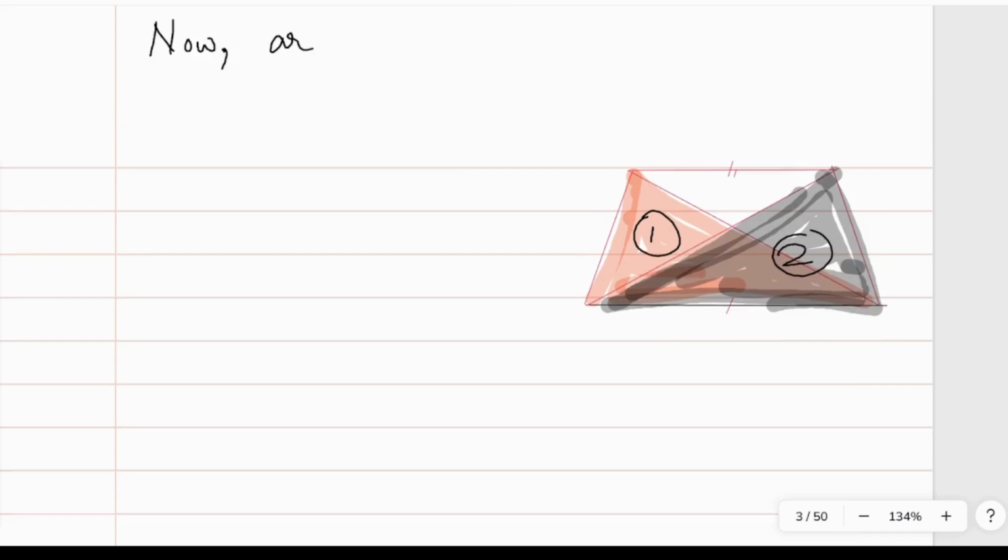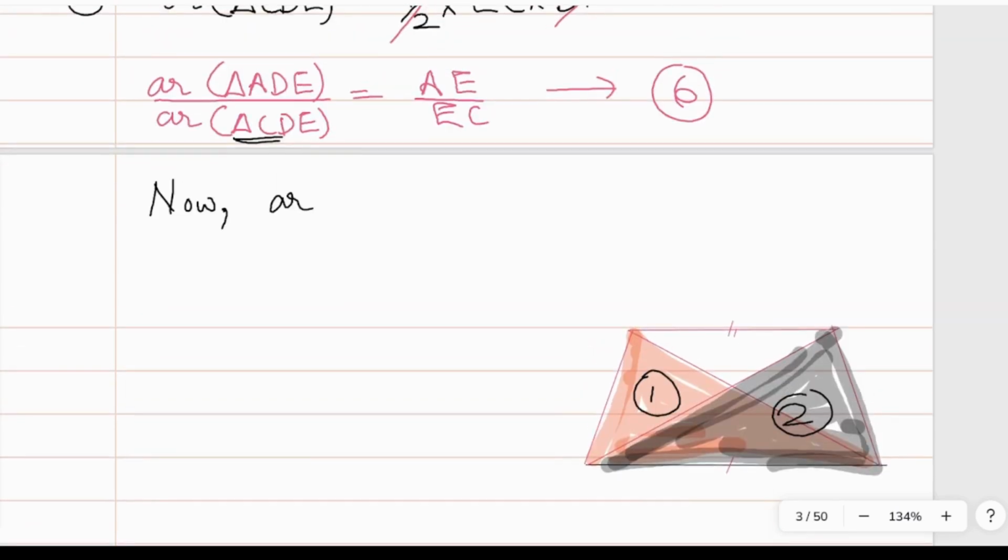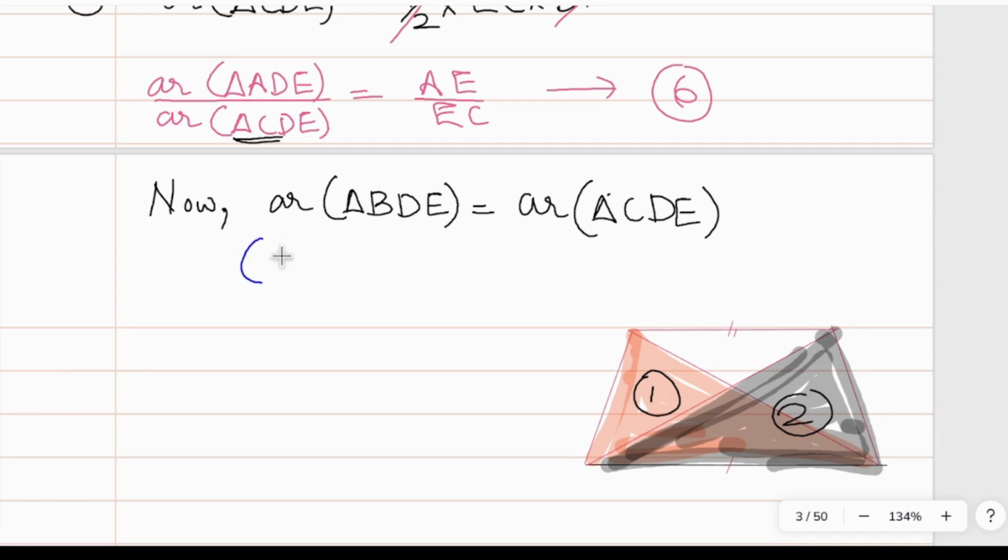Using the theorem, we can write here: area of triangle BDE is equal to area of triangle CDE. Then you will have to write the theorem there. Like, what does the theorem say?